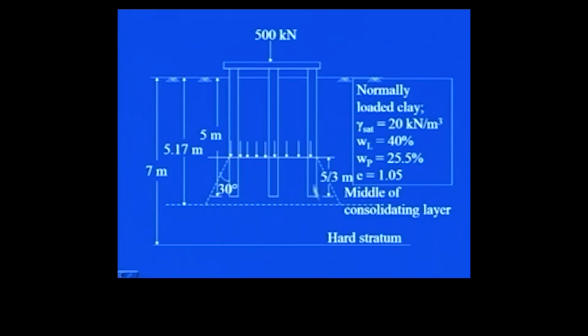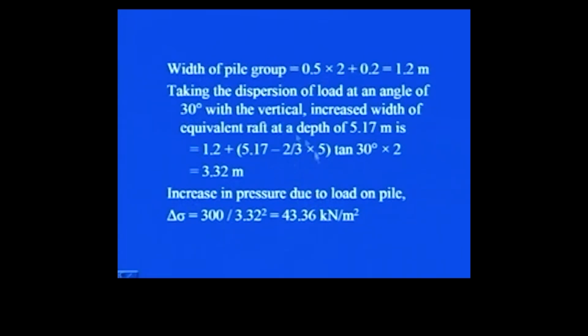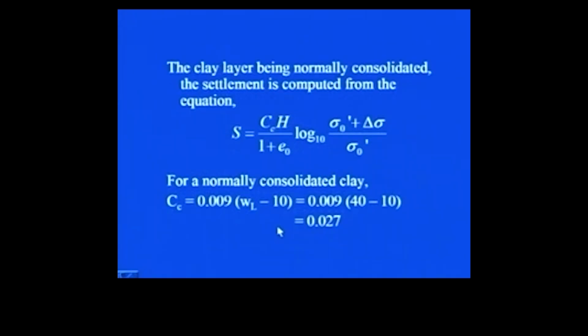So at this particular depth you can find this out simply by a trigonometric expression, which will work out to be 3.32 meter. So the increase in pressure due to load on the pile will be whatever load was coming divided by that particular area. So the load intensity will work out to be 43.36 kilonewton per meter square.